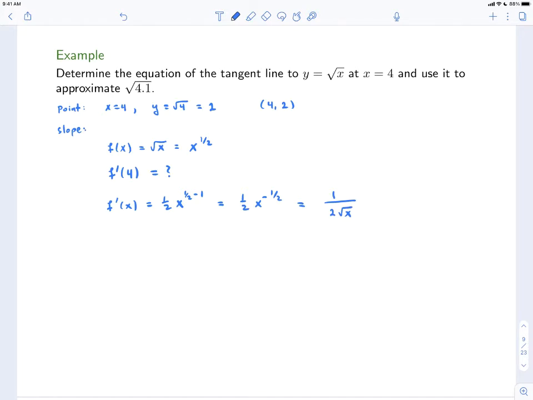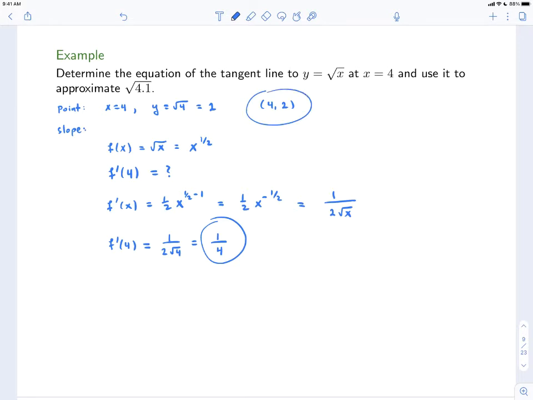We want to compute this derivative at x equals 4, so f prime of 4 is equal to 1/2 square root of 4, which is 1/2 times 2, which is 1/4. So that tells us that the slope is 1/4.